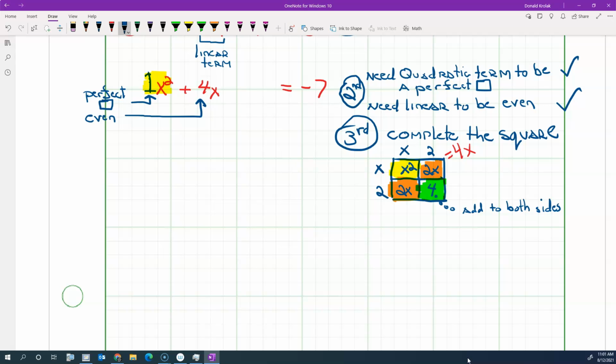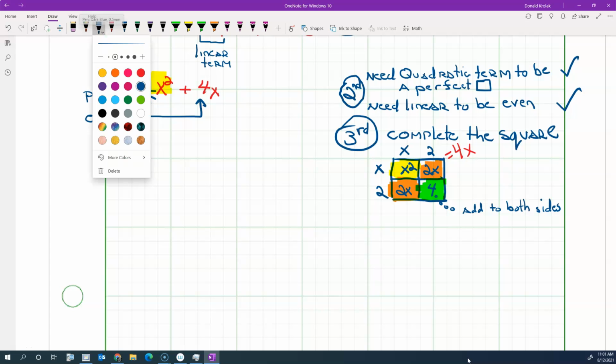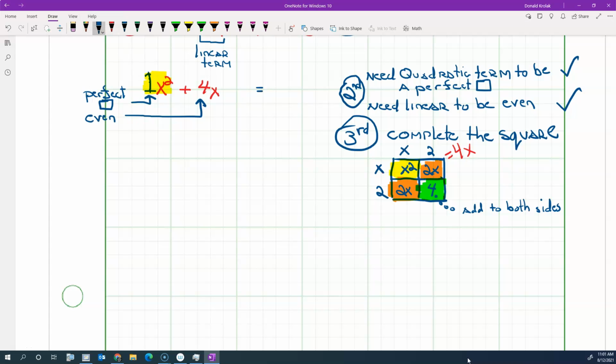So up here, going back to our equation, I'm going to add 4 to the left and add 4 to the right.